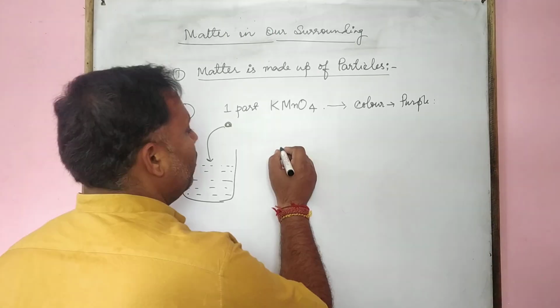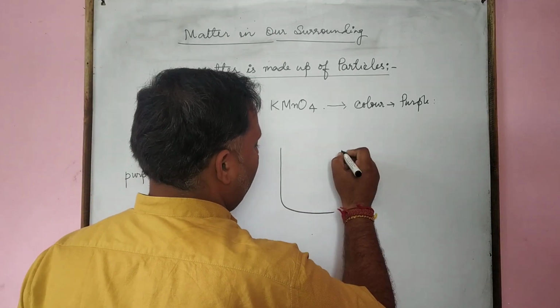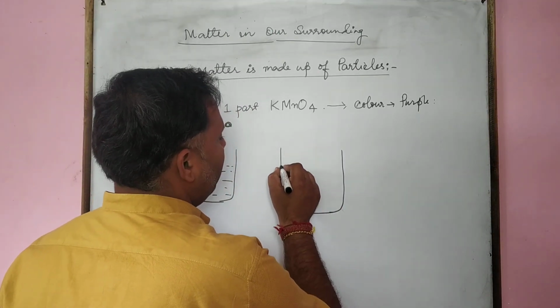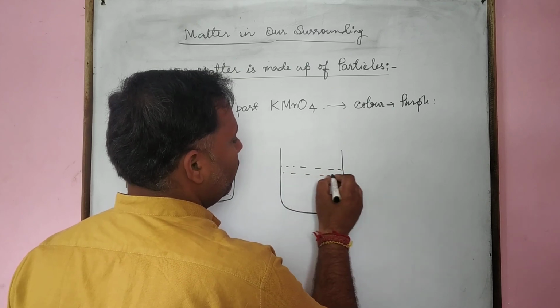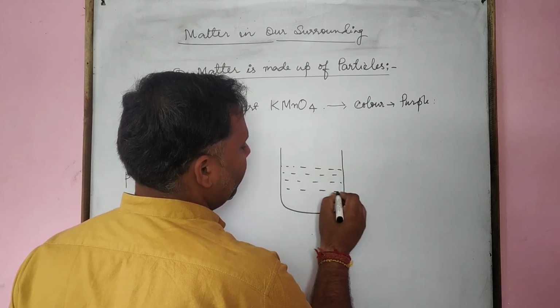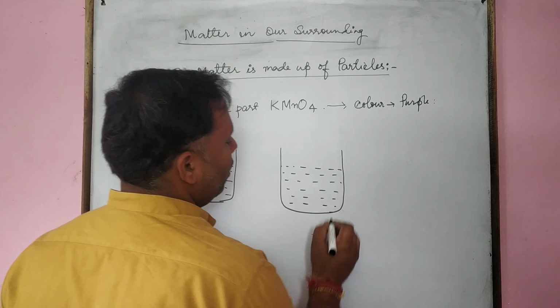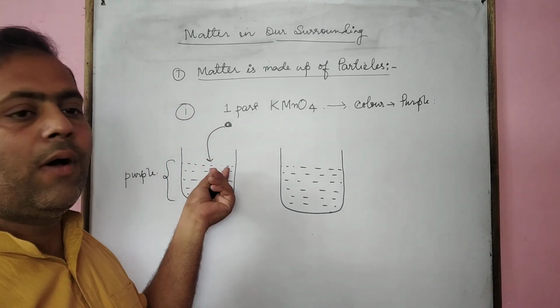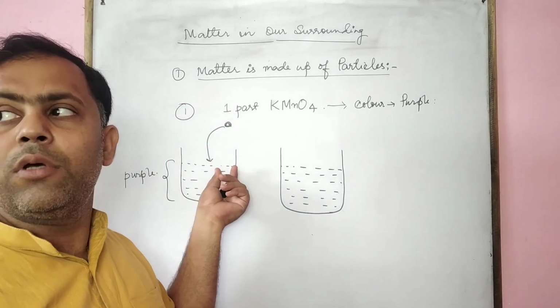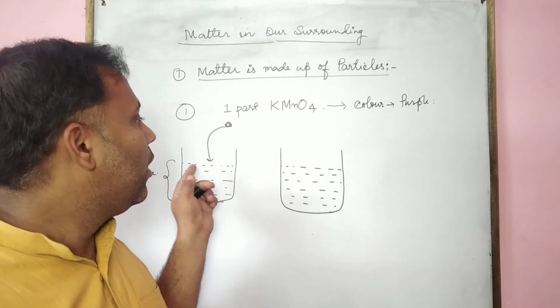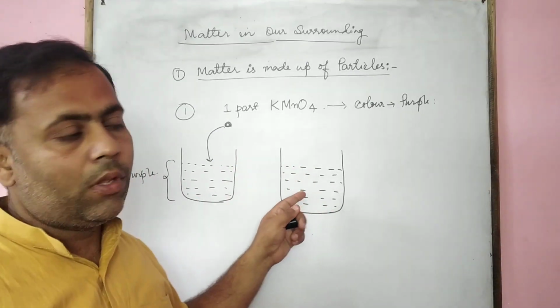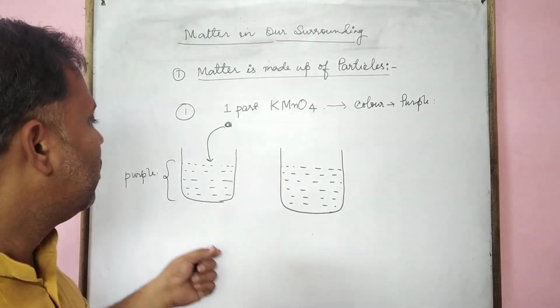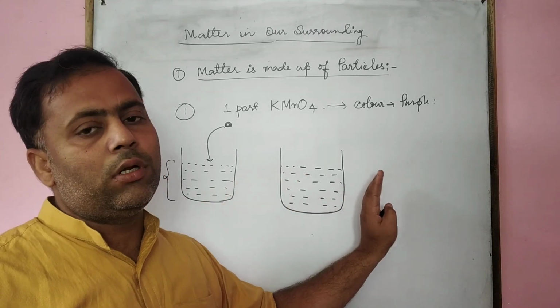Next, we will take another beaker and take some water into it. Then we take 1 teaspoon of this solution and pour it into this. Again what we see is that the solution turns purple.